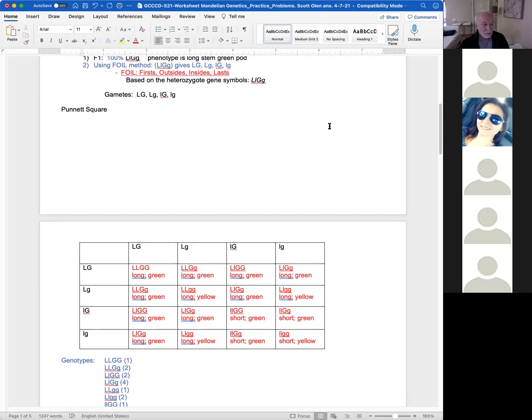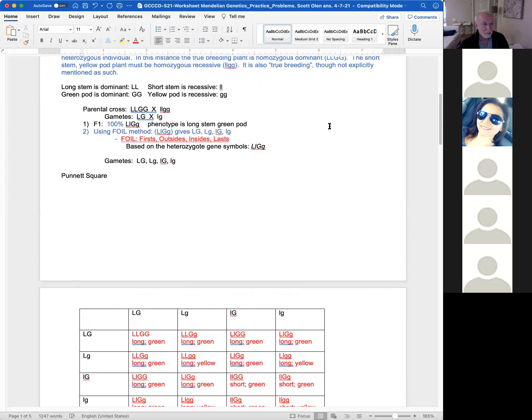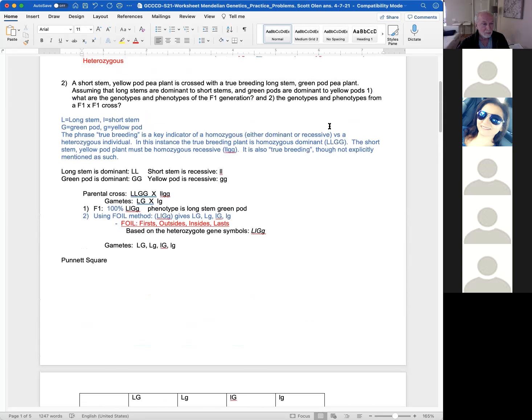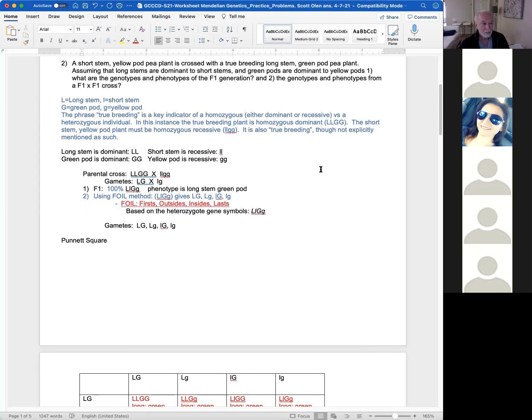So now it asks us about the F2, if we take an F1 and cross it with another F1. Did everybody follow so far on how we answered the first portion? Okay, anybody that didn't? Okay, so now we move on to the second question.